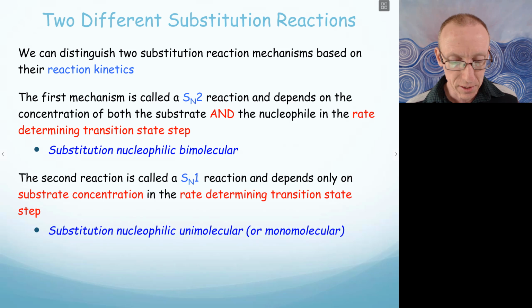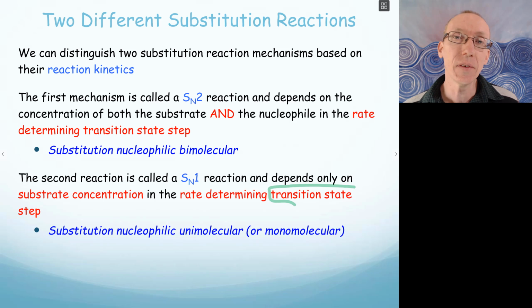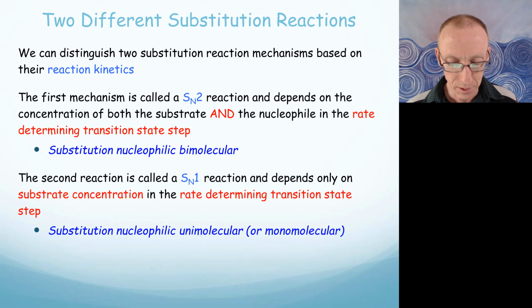And so at the transition state, the nucleophile and the substrate are both involved. Whereas in the SN1 reaction, the rate-determining step involves a transition state where only the leaving group is leaving from the substrate. The nucleophile is not involved at all, and so the nucleophile is not actually involved in the rate of the reaction.